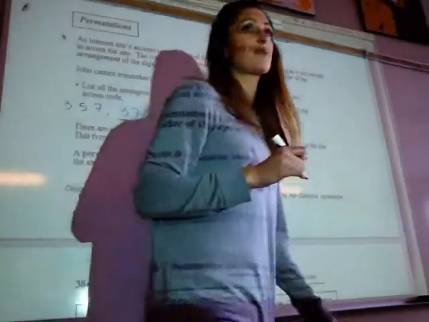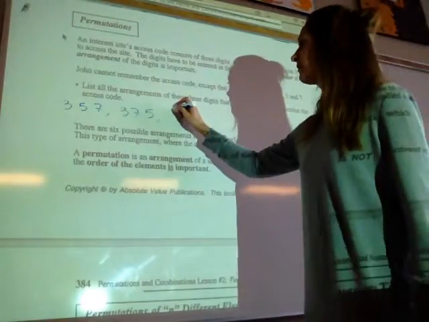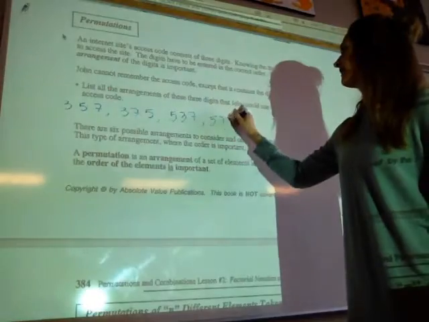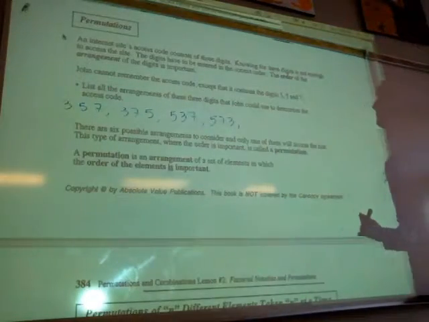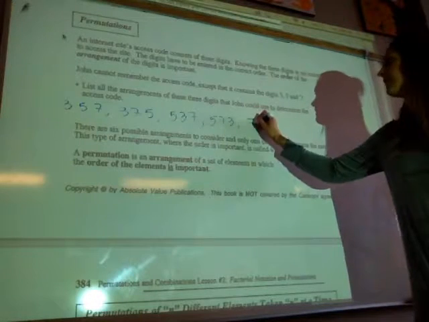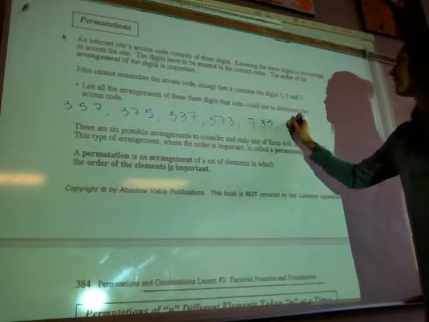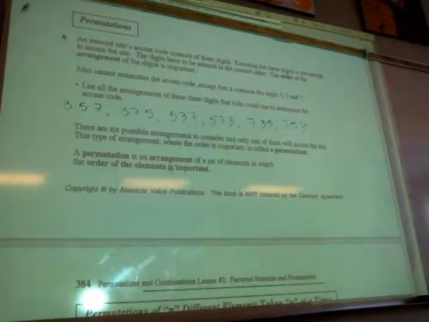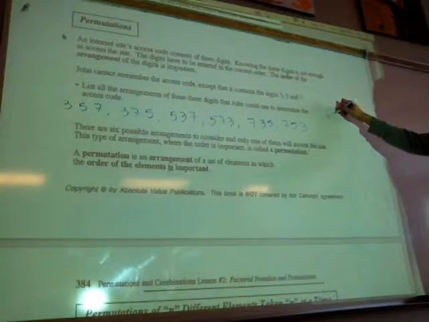Okay, we've used up 3 as our first digit now. We could have 537 or 573. Then we could start with 7, and it could be 735 or 753. So how many arrangements? 6 arrangements.